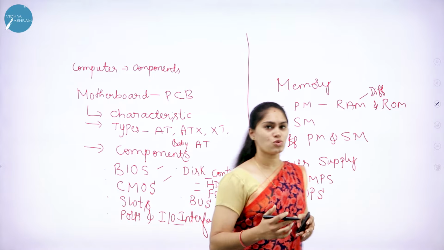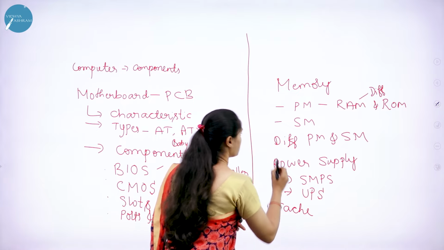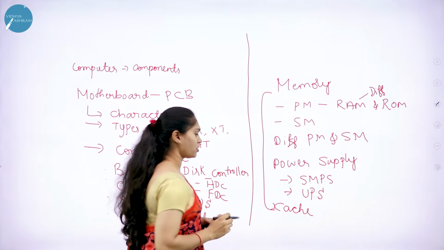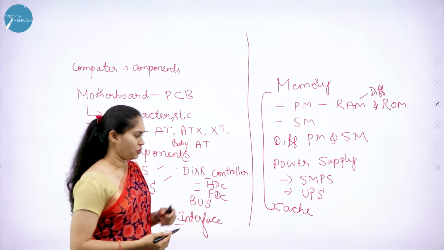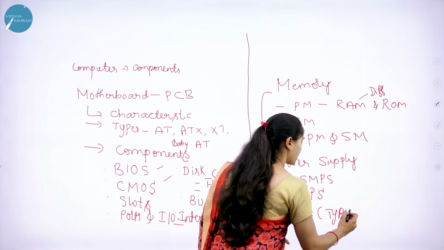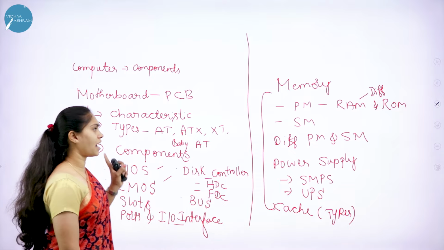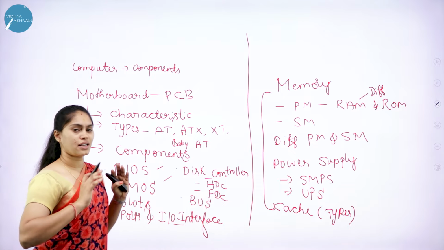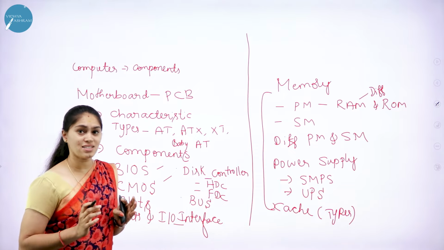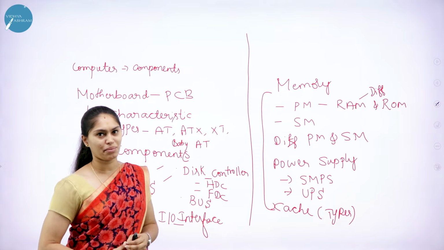At last we have cache memory, that is a high speed memory. So it also comes under memory. In cache memory you also need to understand the types of cache memory along with a diagram. These are the topics that you have to understand from chapter 1, called typical configuration of a computer system.